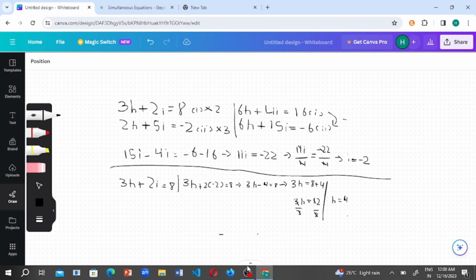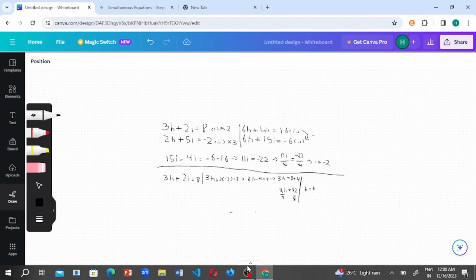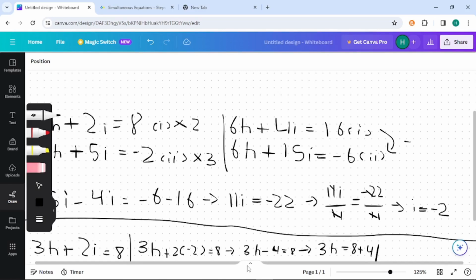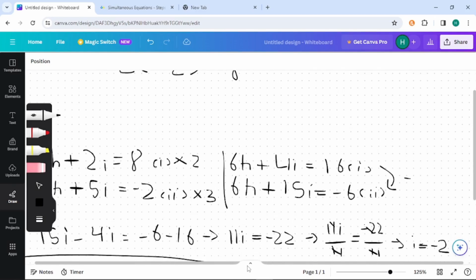Instead of writing 3h, since I know the value of h is 4, I write 3 bracket 4 plus 2 bracket -2 equals 8.